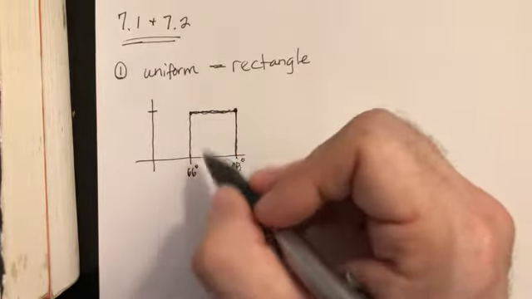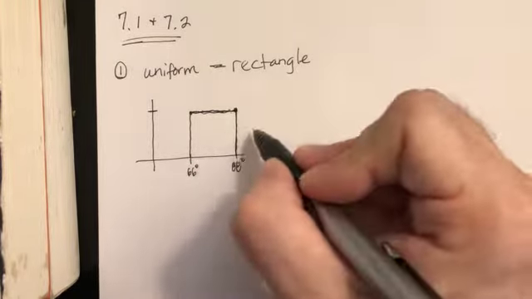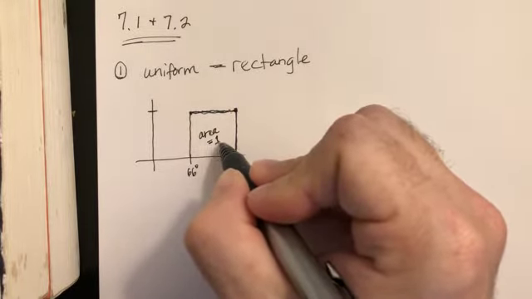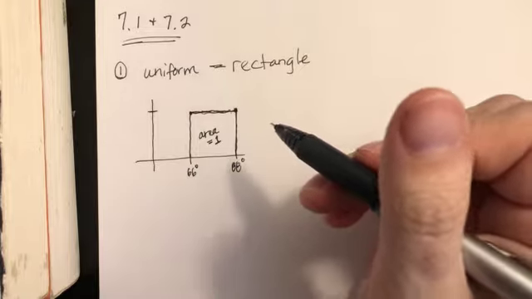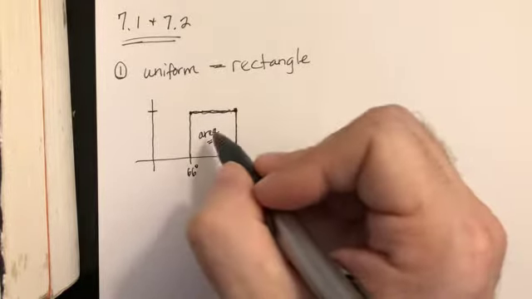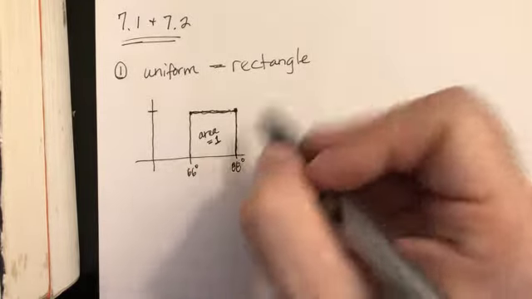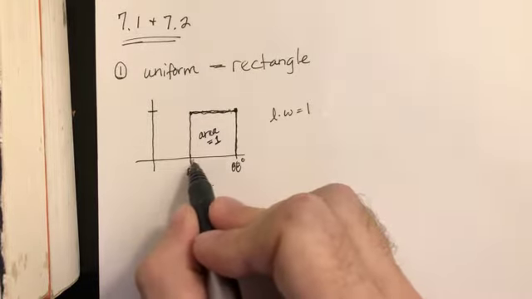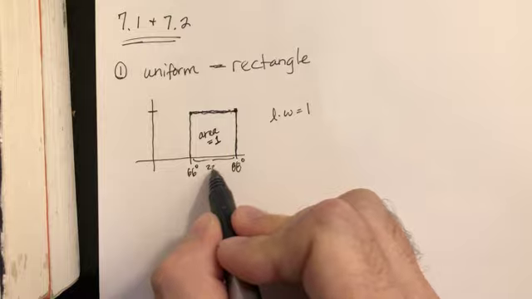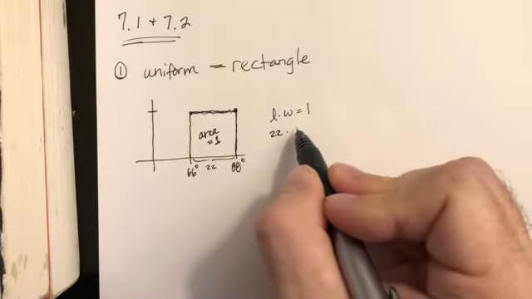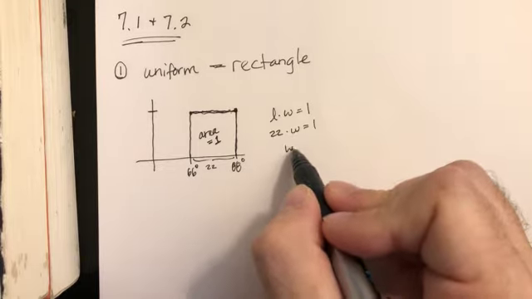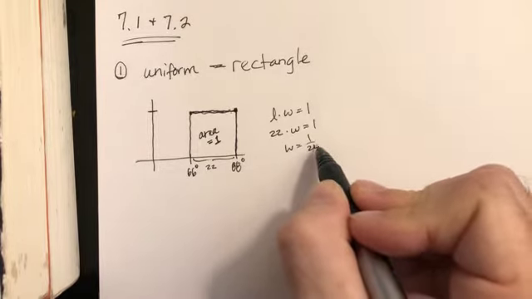Now, what do we know about the area of a probability distribution? The area is equal to 1, always. So for the rectangle, we have length times width. If length times width is equal to 1, then knowing this, which is 22, will help me find the height. In this case, we get 1 over 22.